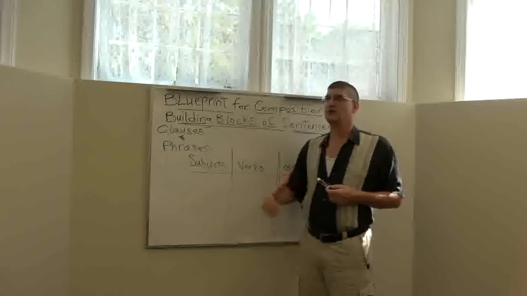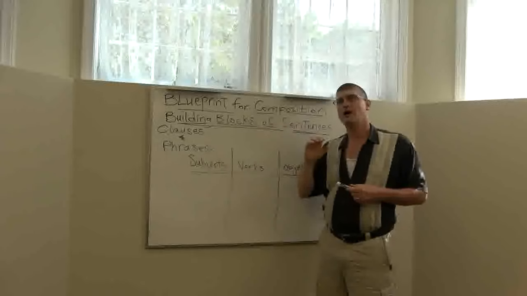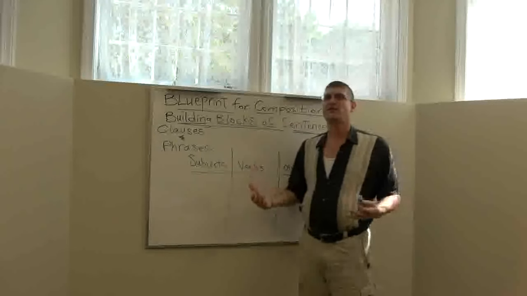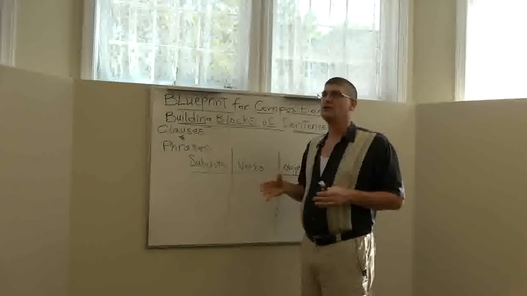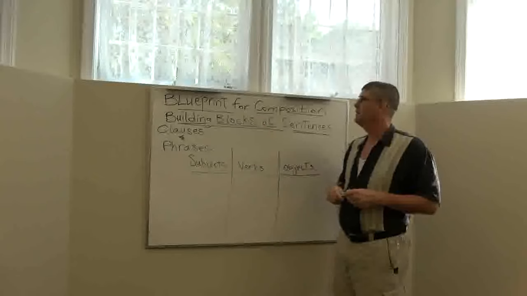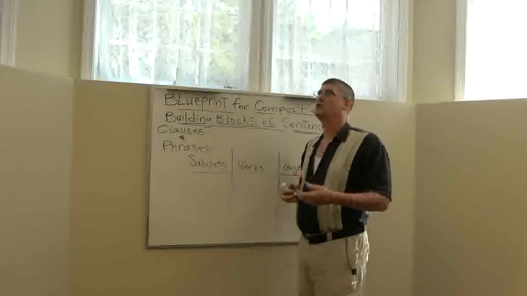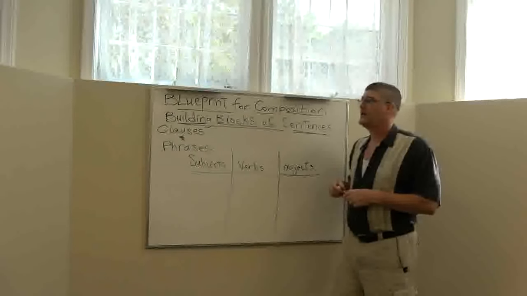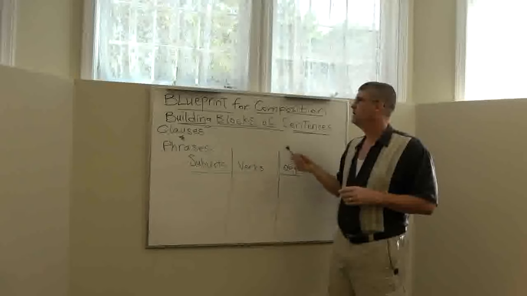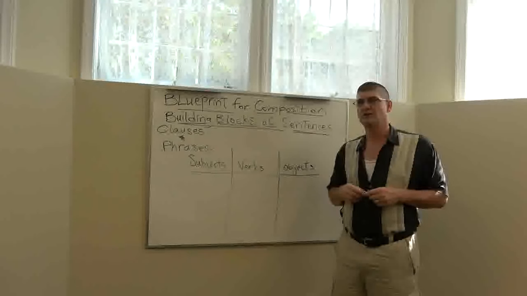So this series is designed to help people understand what I call the building blocks of sentences, because we have to start somewhere. And in English, the basic building block that we want to look at is the sentence. All right? So we're not just going to look at individual words and things like that, but we're going to build how to approach writing good quality and well-composed sentences.